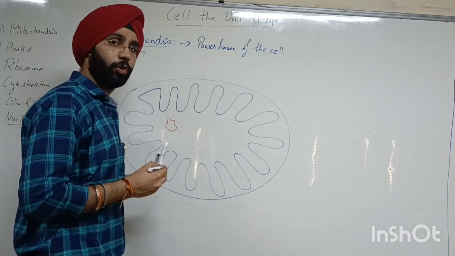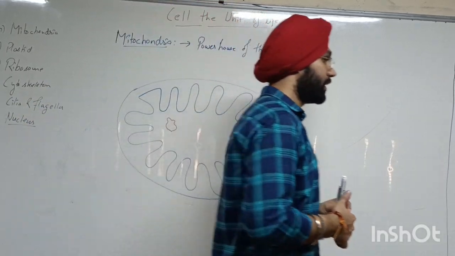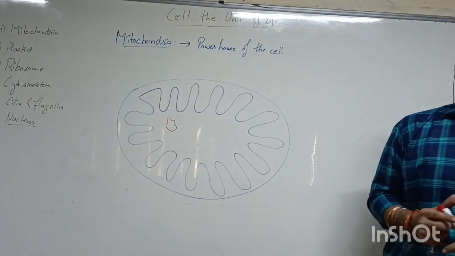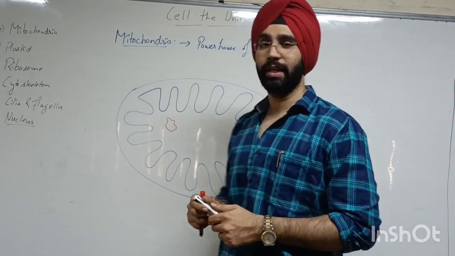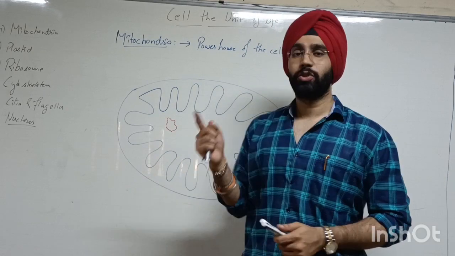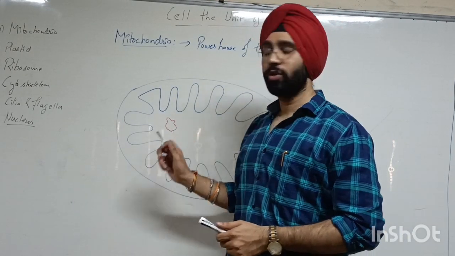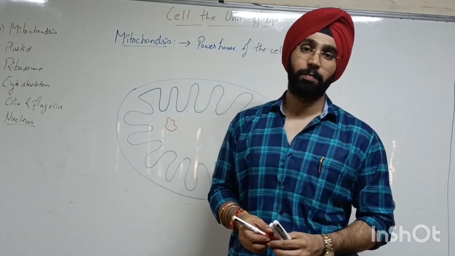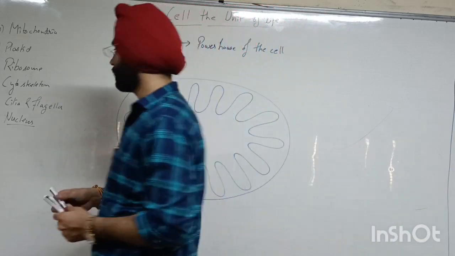This is circular DNA which is possessed by the mitochondria, and there's also one cell organelle other than mitochondria which also possesses the circular DNA, and that is plastid for sure, and that is the second topic.